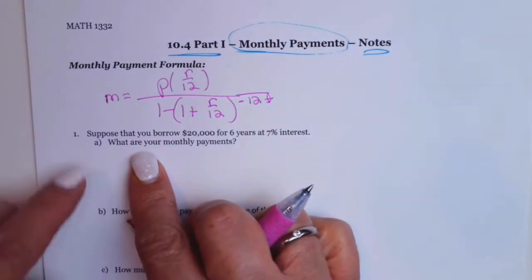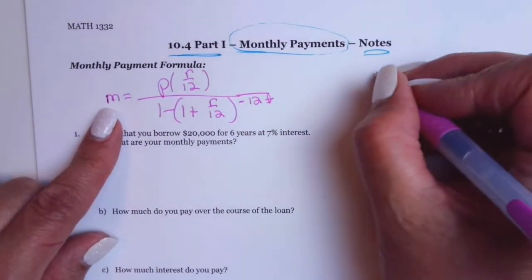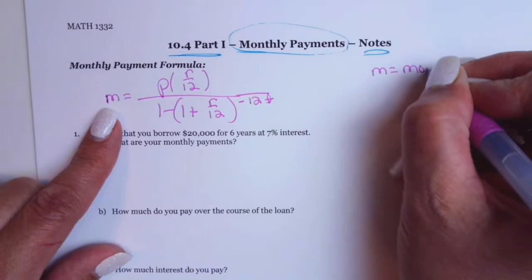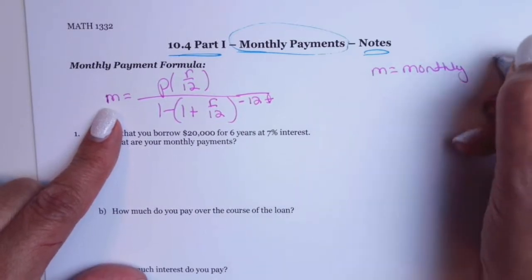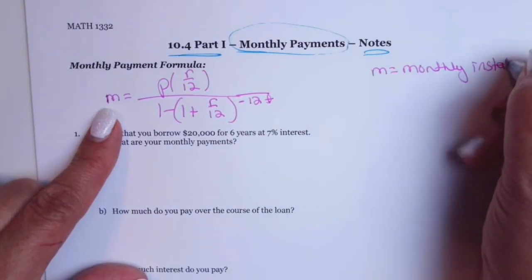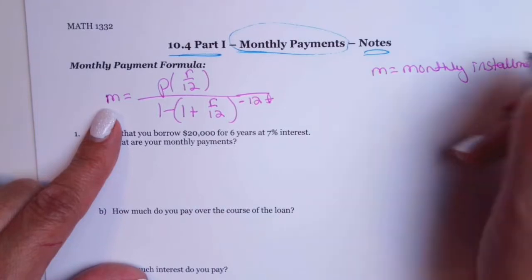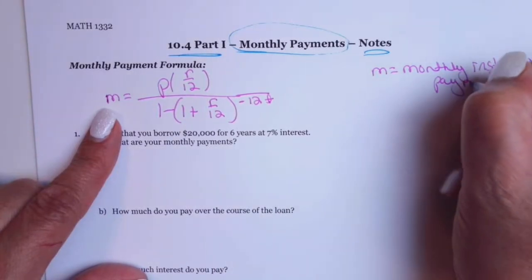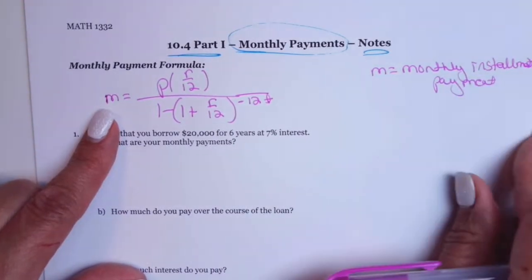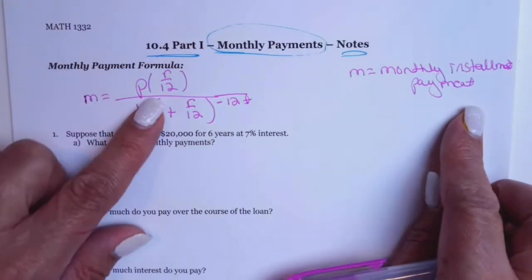So what do we have here? M is the monthly installment payment. So that is what we would pay monthly.